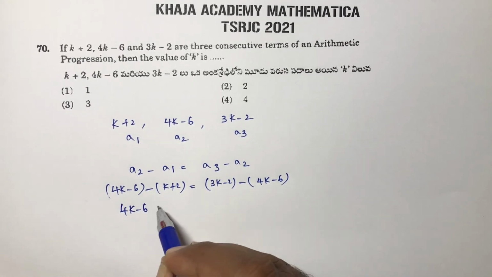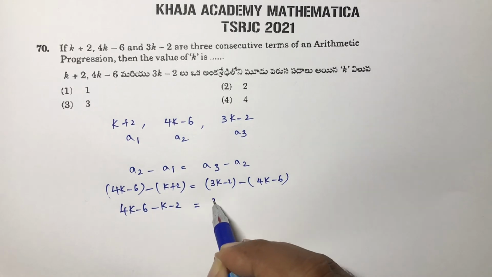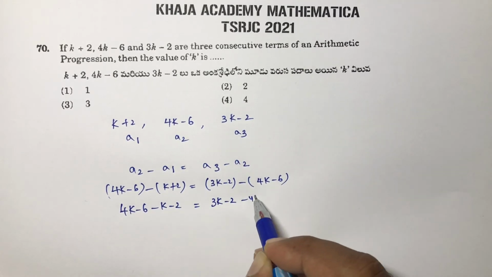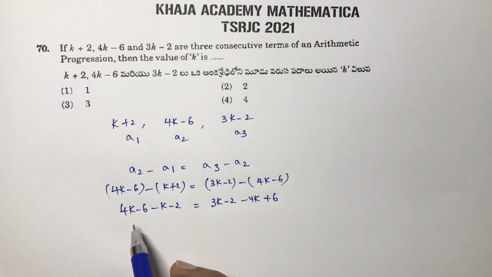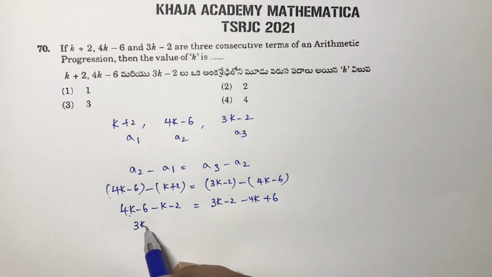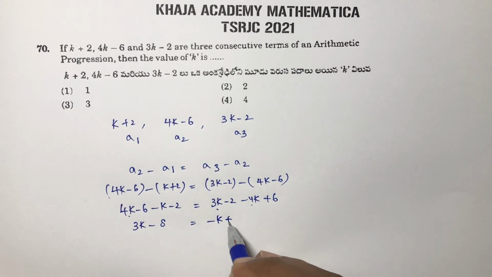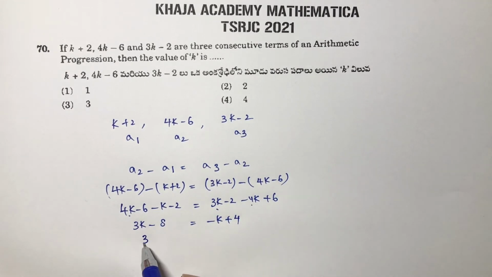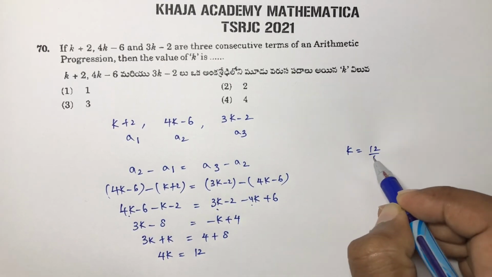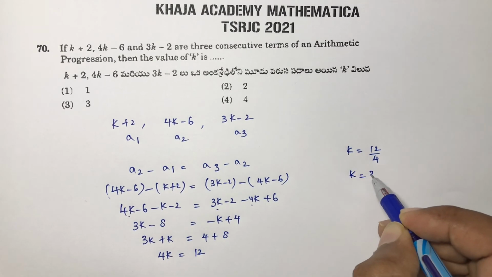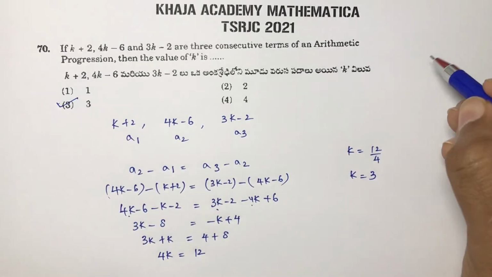So 4k minus 6 minus k minus 2 equals 3k minus 2 minus 4k plus 6. 4k minus k is 3k minus 8. 3k minus 4k is minus k plus 4. So 3k plus k is 4 plus 8. So 4k equals 12, so k equals 12 by 4. So the value of k is 3. The correct option is 3.